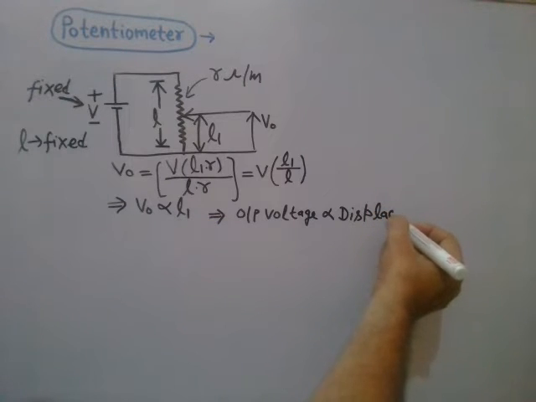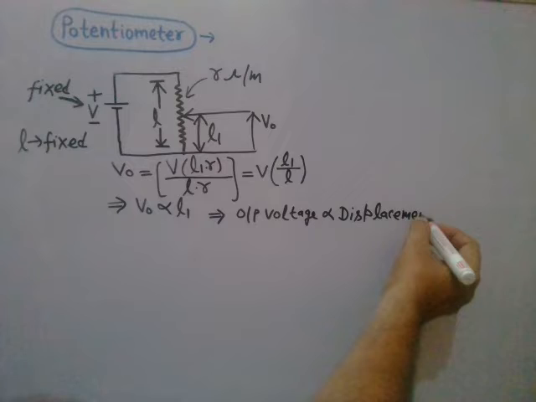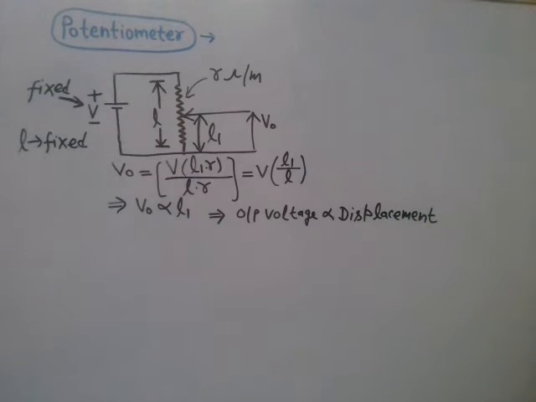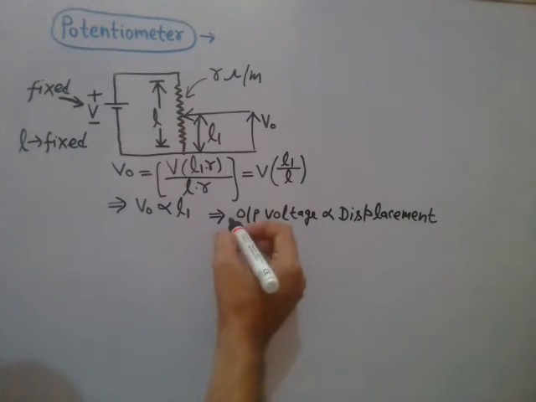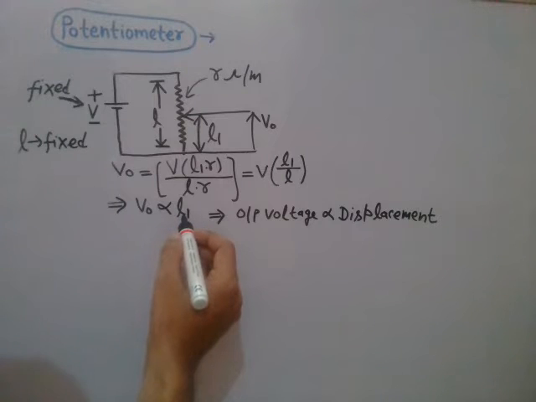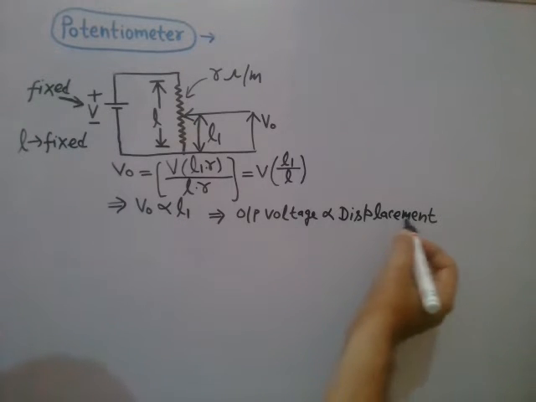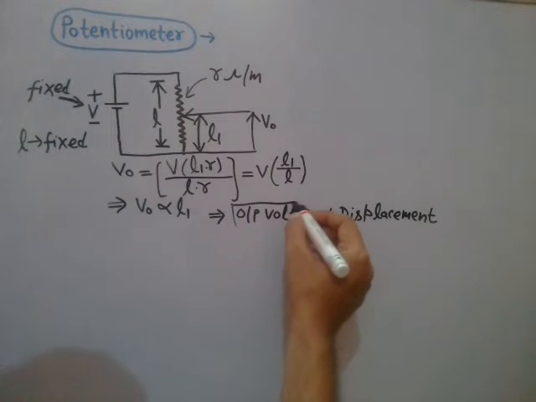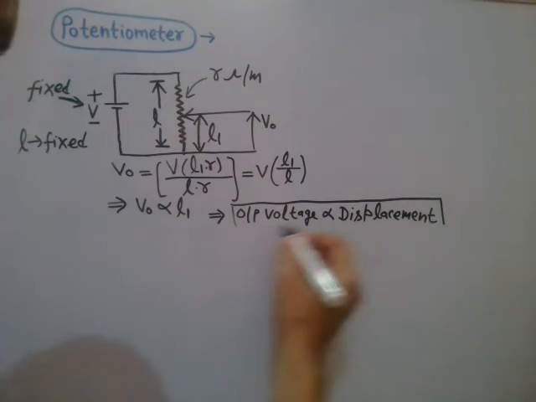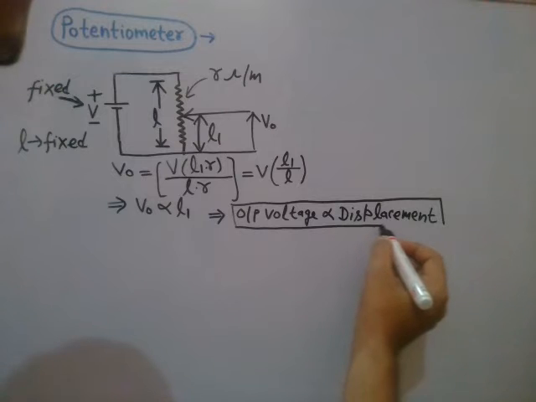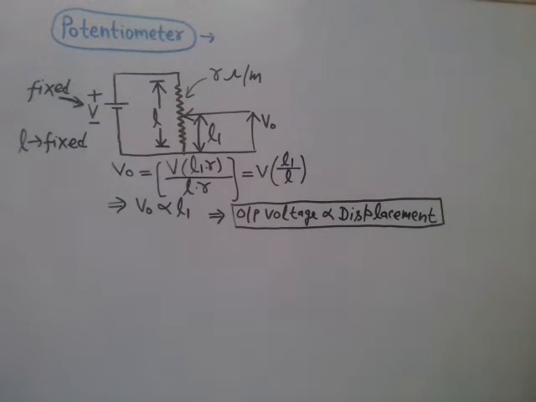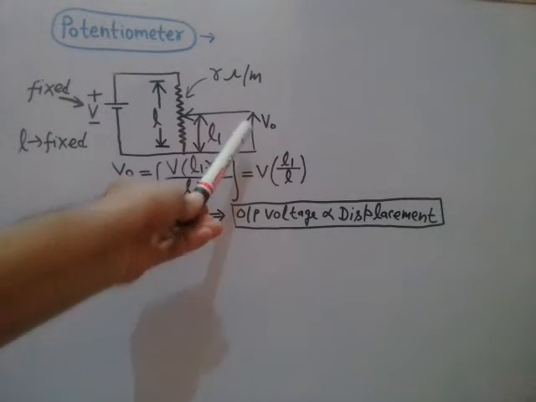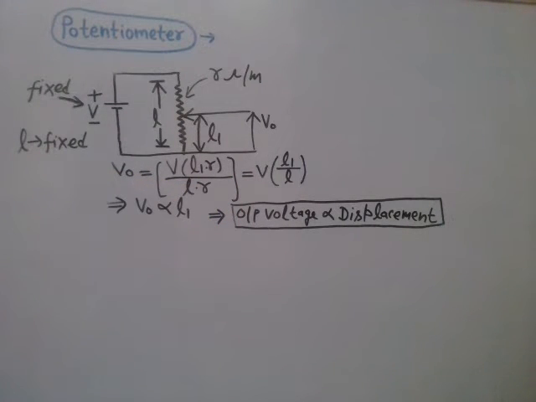So you have concluded that the output voltage V0 is proportional to L1, or the output voltage is proportional to displacement. Depending upon the displacement that you provide, you will get the output voltage V0. That's how you can measure the displacement, and that's the job of a potentiometer.